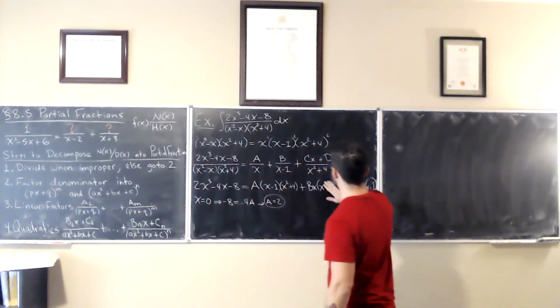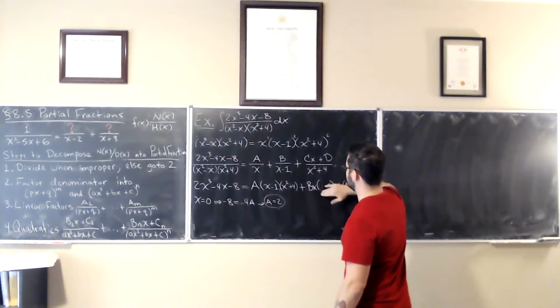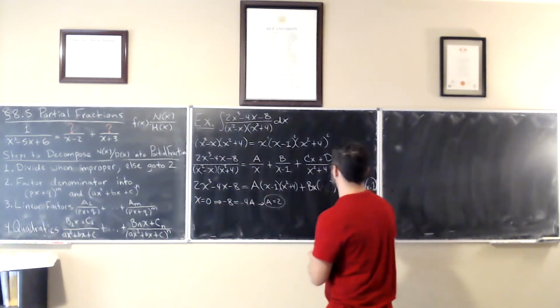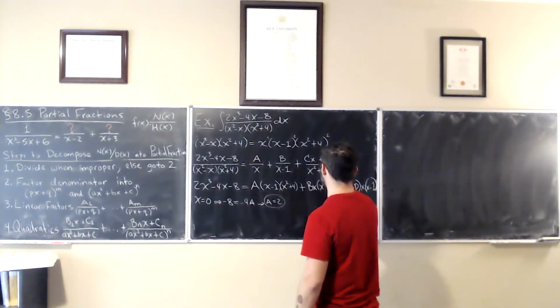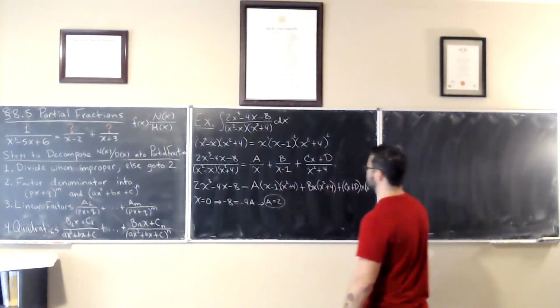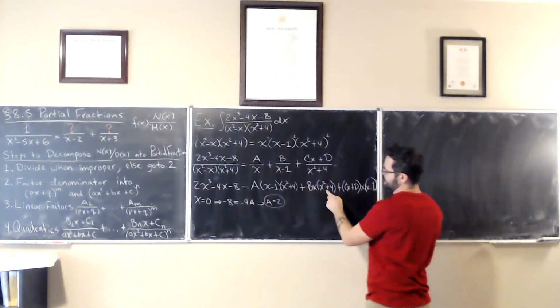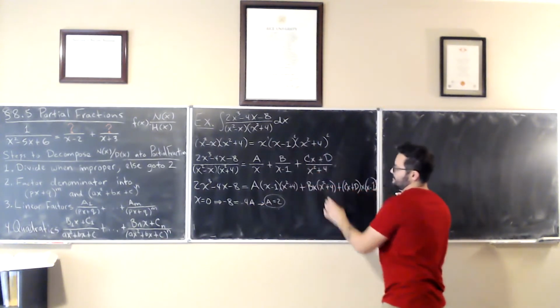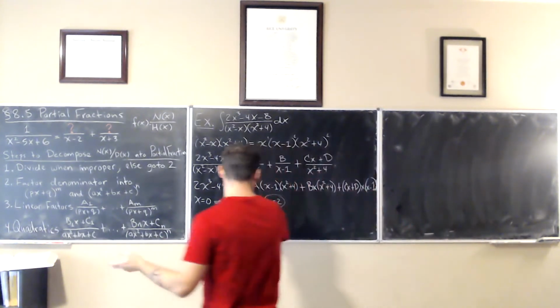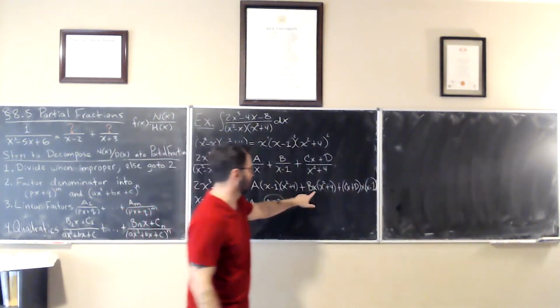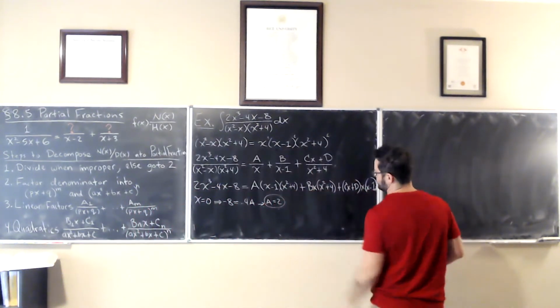This should be x squared plus 4. That times this, the x minus 1's divide out, so you're left with that and that. So the x squared plus 4. But it still doesn't change my value for a because that was just 0, would have made it all 0 anyhow.